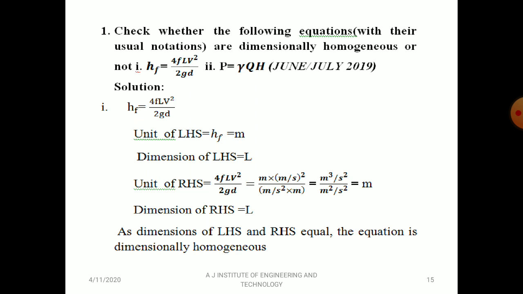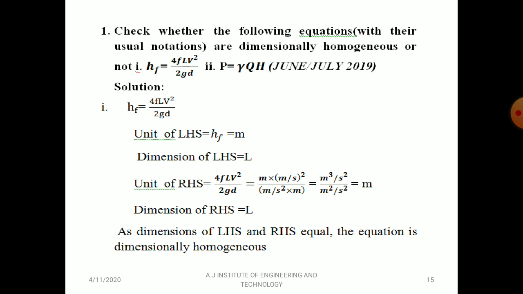So unit of L, that is length, is meter, and velocity square, for velocity meter per second, so velocity square means meter per second whole square, divided by acceleration due to gravity, which has unit meter per second square, into diameter d, so it is into meter. So you can just multiply meter into meter per second whole square, that becomes meter square per second square.